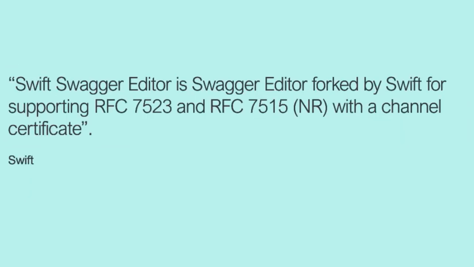So in our case, as I mentioned in the beginning, we see Swift Swagger Editor as something explaining to you in which sense the API channel over MVCPN is different from the traditional API channel existing for internet APIs, and specifically for Swift Internet APIs as well.